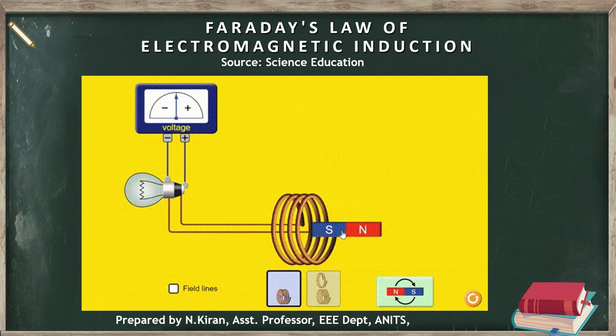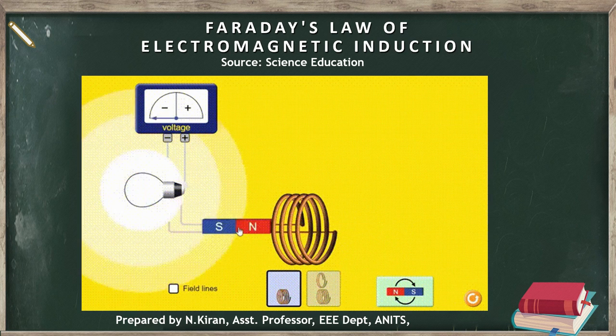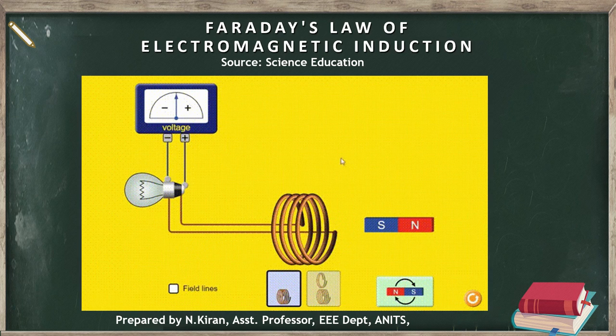Depending upon the velocity of the bar magnet's movement, the deflection in the galvanometer will be proportional. When you bring the bar magnet towards the coil at a very slow rate, the deflection will be very slow. When it is brought at a faster rate, the deflection in the galvanometer will also be faster.